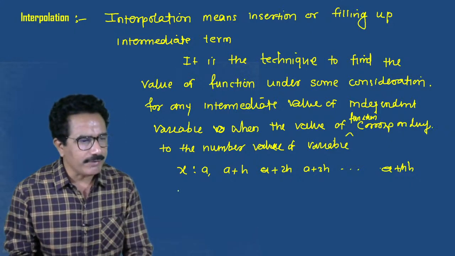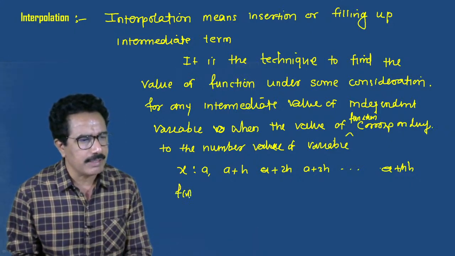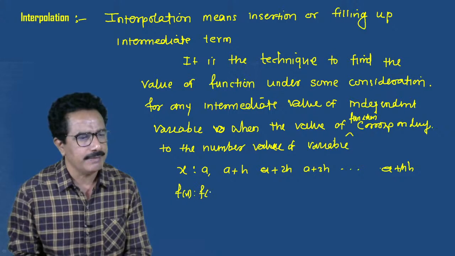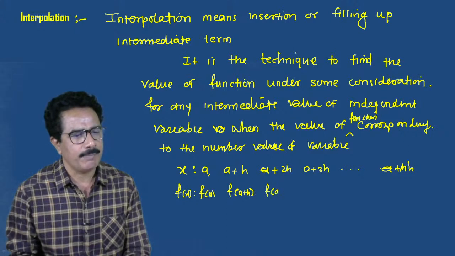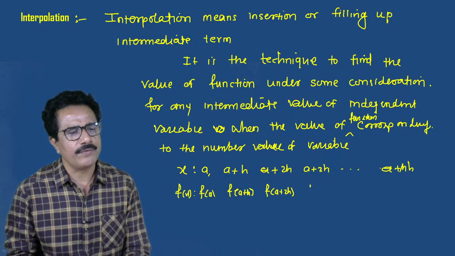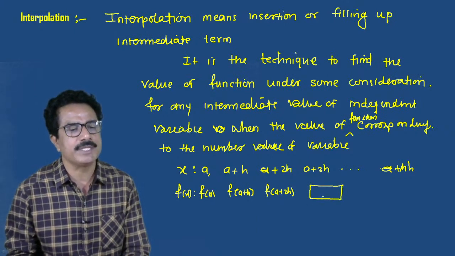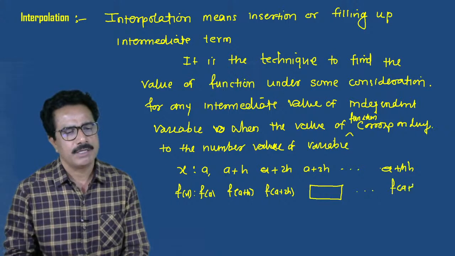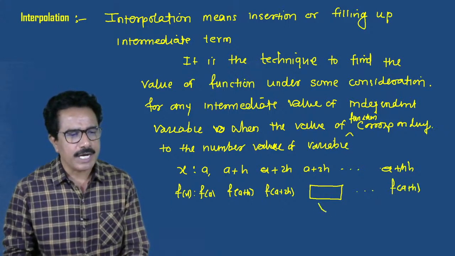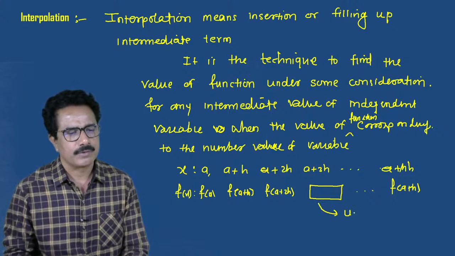Then the corresponding values of the function are f of a, f of a plus h, f of a plus 2h. Then suppose we have to find the value of an unknown term, f of a plus nh. So this is an unknown function value.